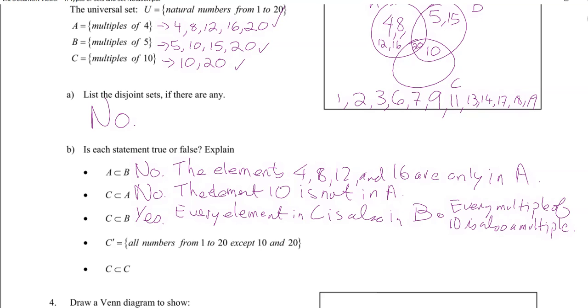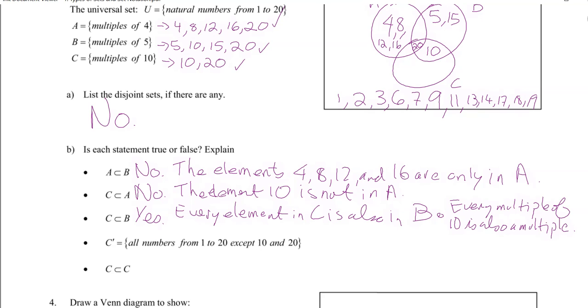C prime is all numbers from 1 to 20 except 10 and 20. So C prime, is that true? Is C prime all the numbers 1, 2, 3, 4, 5, 6, 7, 8, 9, 11, 12, 13, 14, 15, 16, 17, 18, 19? Are they all outside the circle C?